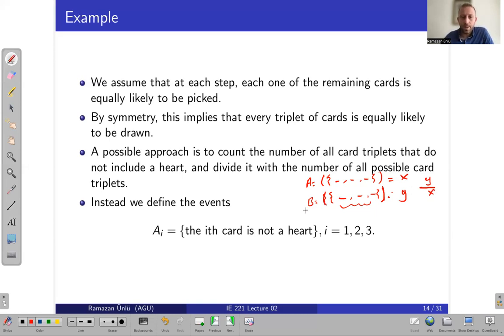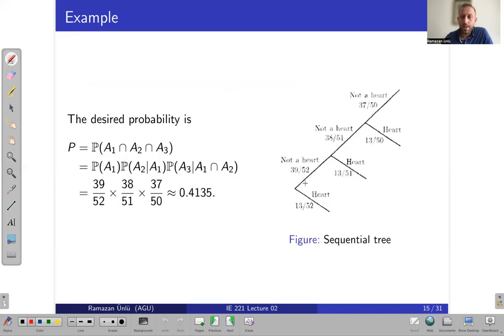Now instead of doing these things, let's define the events Ai: the i-th card is not a heart, and i will be from 1 to 3, because we will draw 3 times, right? Let's make it concrete. This is the first event here, and let's say this is A1, and this one is A1 complement.